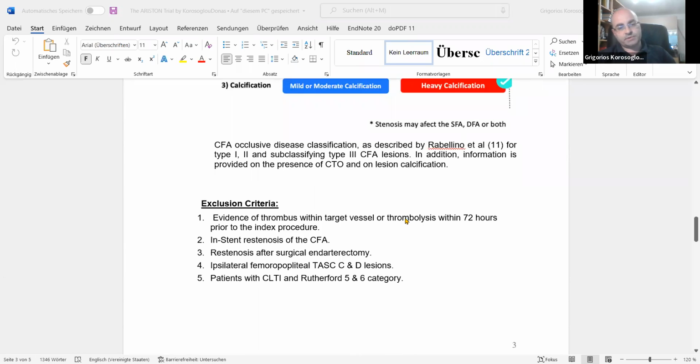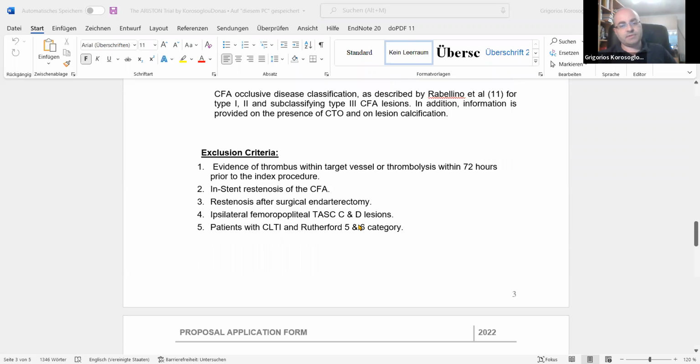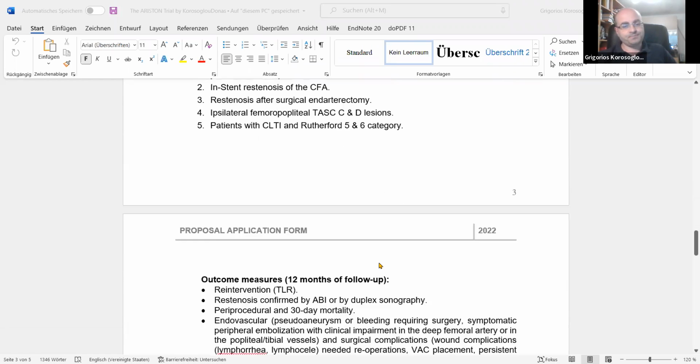We would like to exclude patients with in-stent restenosis, patients that have a restenosis after surgical atherectomy, as I already mentioned, patients with ipsilateral very complex femoral-popliteal lesions, and of course patients that have thrombotic lesions would also be excluded, and also patients that have very progressed disease, Rutherford categories 5 and 6.